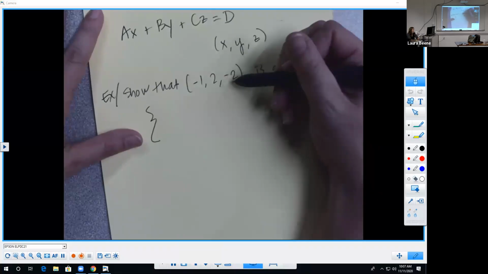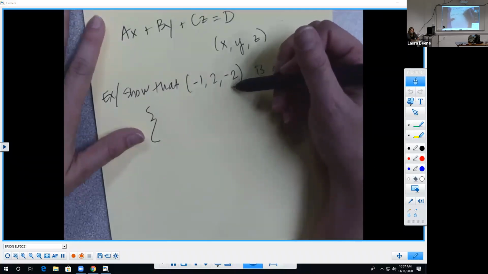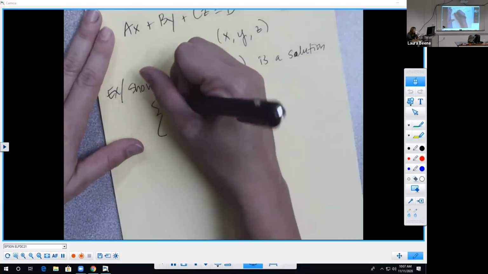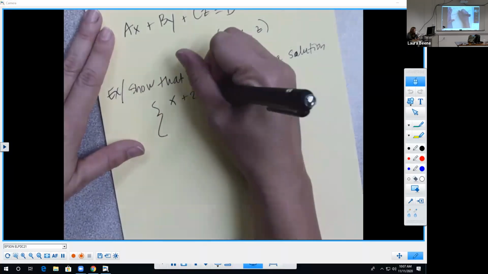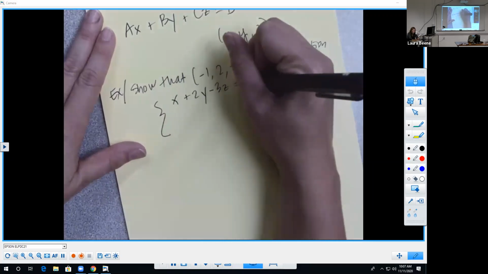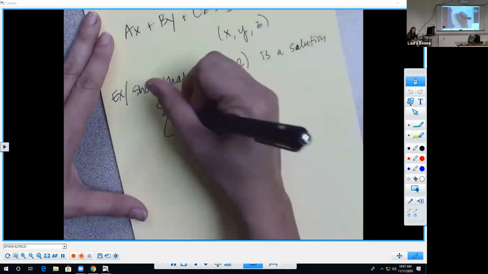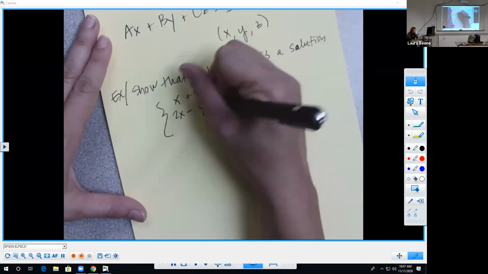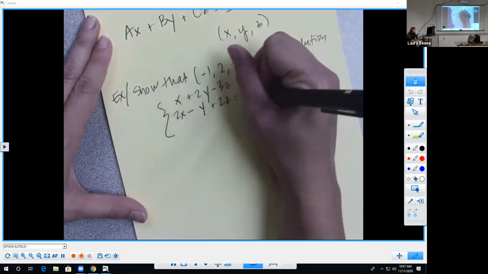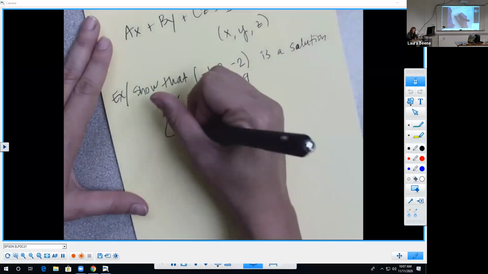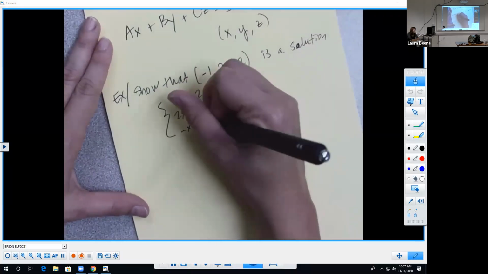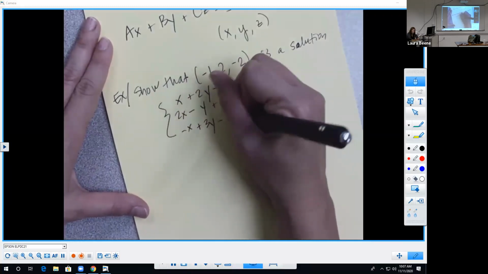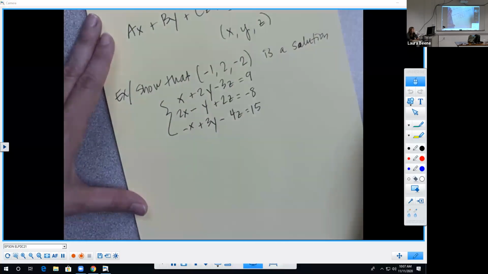If I have three variables, how many equations do I have to have? Three equations, okay? So x plus 2y minus 3z equals 9. 2x minus y plus 2z equals -8. And -x plus 3y minus 4z equals 15.